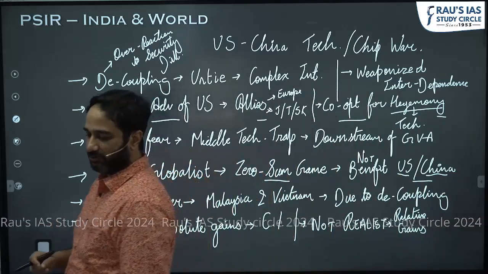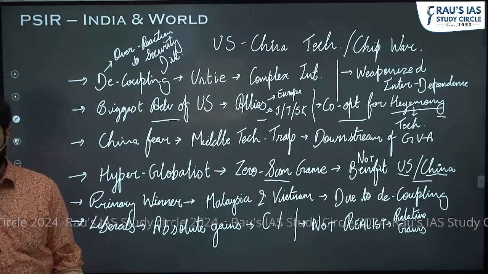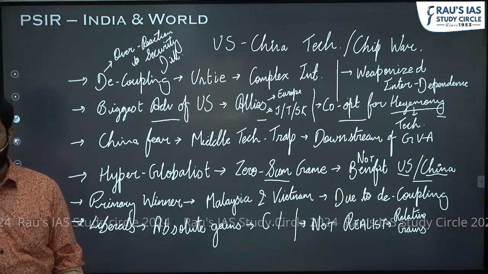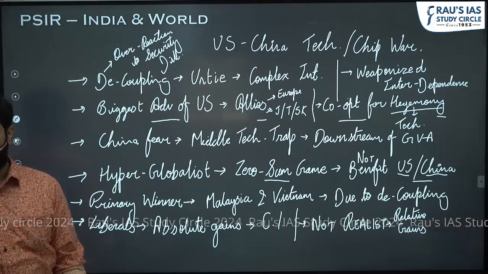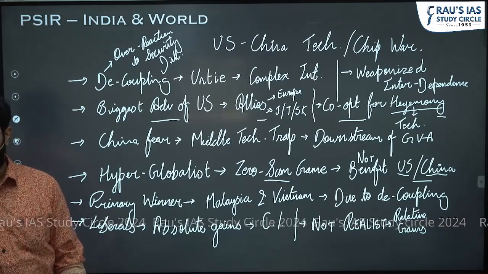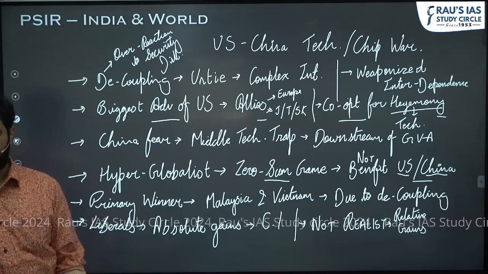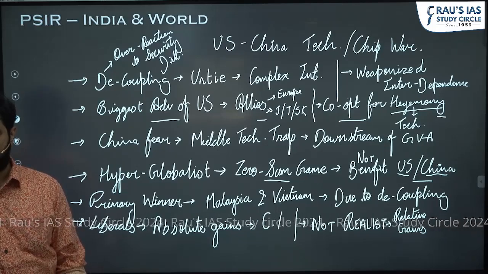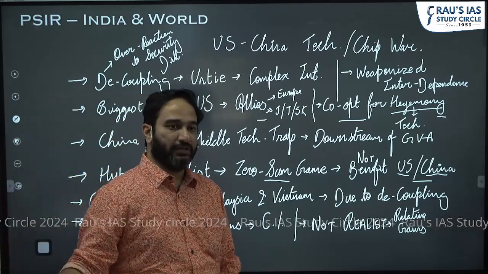In brackets, write down what it means. It means the leveraging of economic ties to influence behavior. So I'll give you an example.